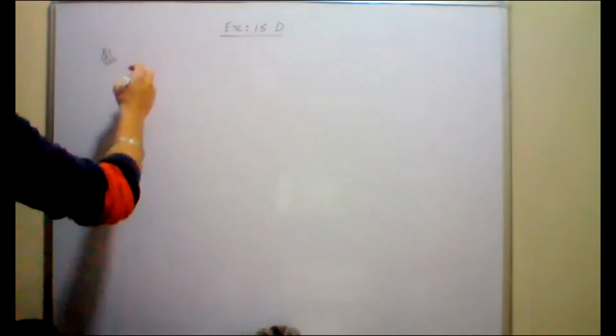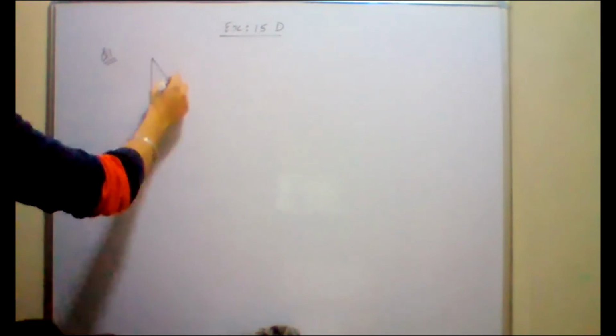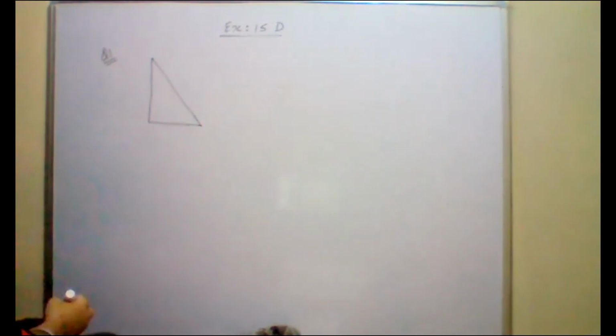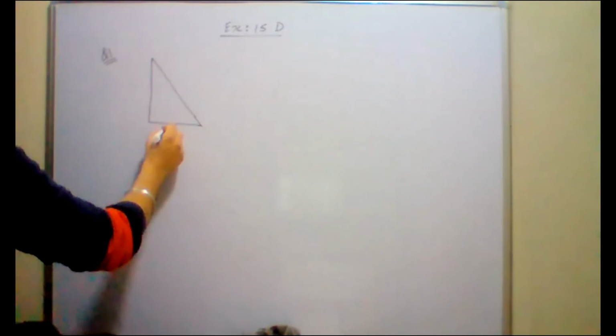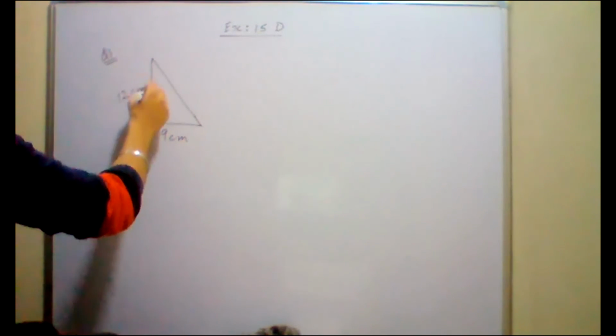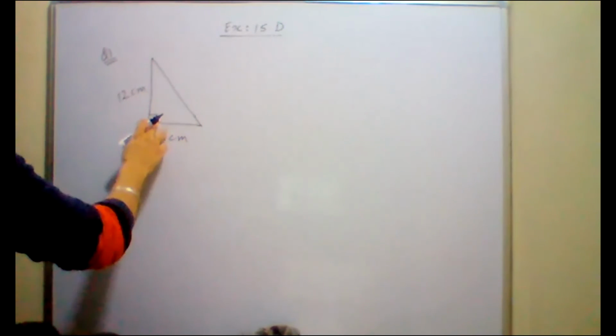You have to find the length of the hypotenuse of a right triangle. The other two sides of the triangle are given. अब इसका use कैसे कर सकते हैं Pythagoras theorem का? एक right angle triangle आपको दिया हुआ है. In the triangle, the length of two sides is given, 9 centimeter and 12 centimeter. दो sides आपको दी हुई हैं. And you have to find the length of the hypotenuse.